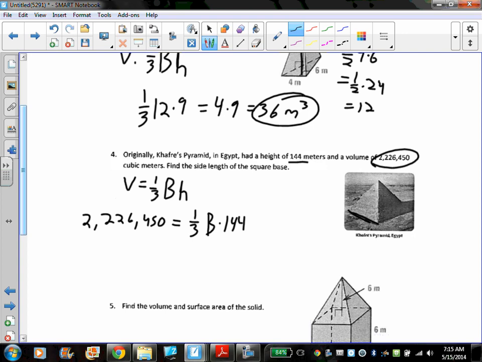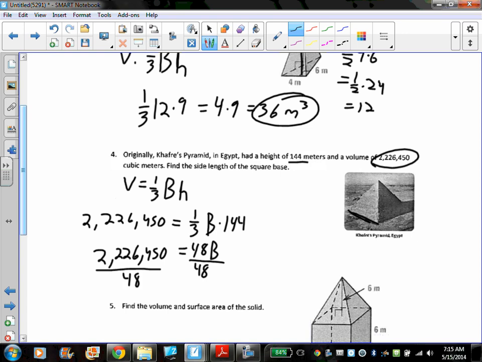From here, it might be helpful for us to combine the 1/3 and the 144. So 1/3 times 144 is 48. So this is really going to equal 48 times the base. And here we have 2,226,450 again. To get the base by itself, we divide by 48.